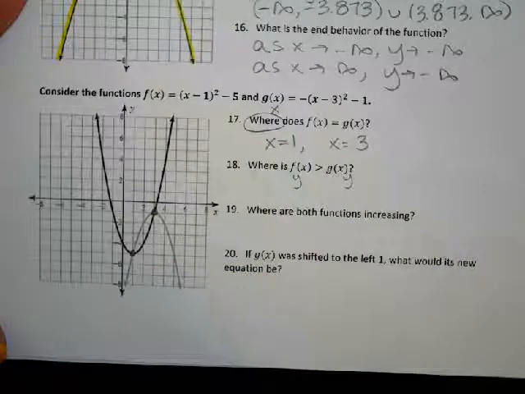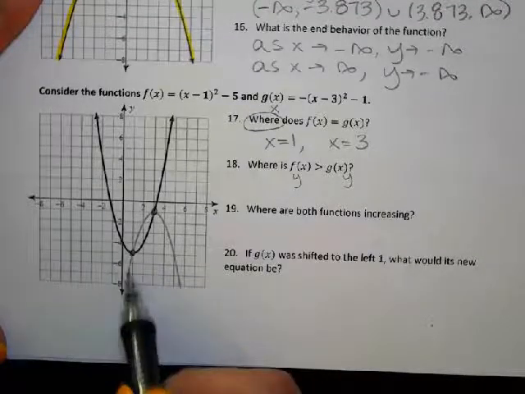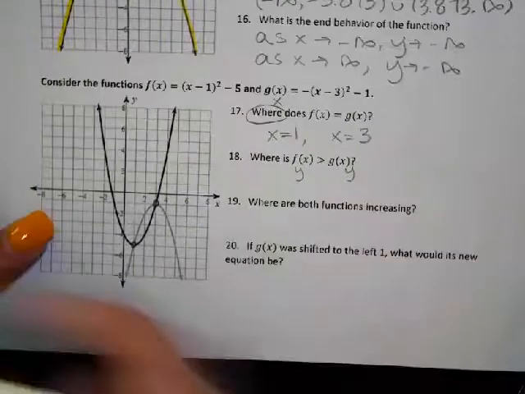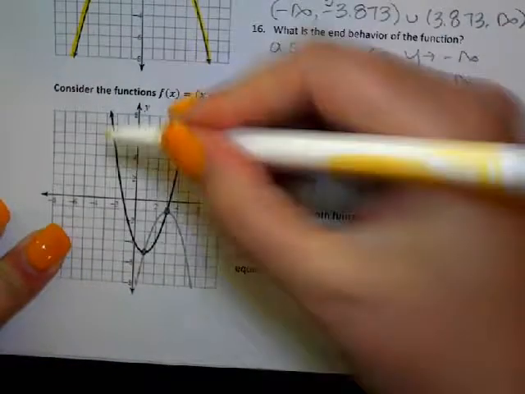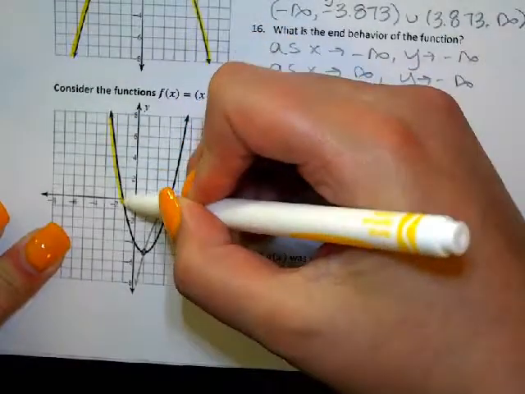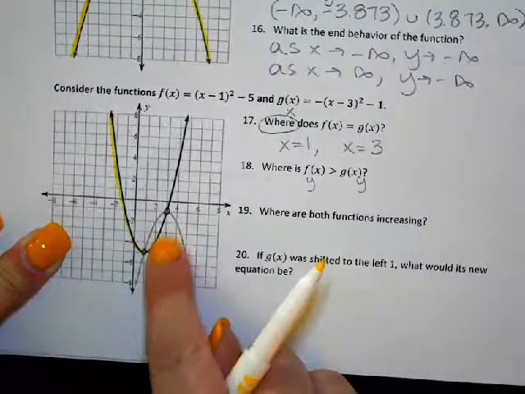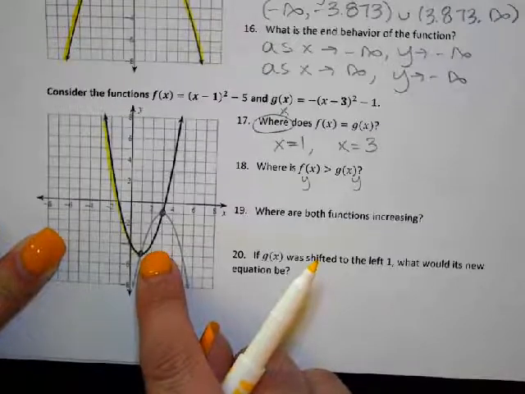So it's over here. You can see the darker graph is above the lighter graph. Can you guys see that? Okay, so I'm going to do that in yellow so we can see that that's part of it. So right here, this one is above right here. And then the darker graph is below the lighter graph for a little bit, so it's not greater for that little portion. Okay, so right here, this f of x is greater than g of x for that little portion.